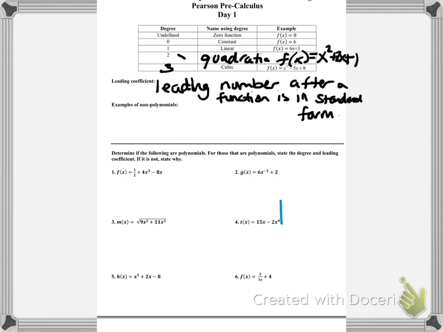Examples of non-polynomials. The first one is going to be no negative exponents. In your notes, I would recommend not shorthanding that. I'm shorthanding it because my handwriting ends up worse on this, which is shocking. Next, no fraction exponents.